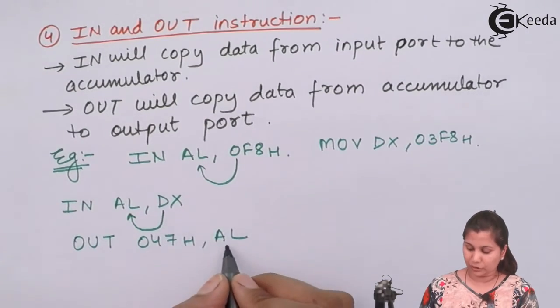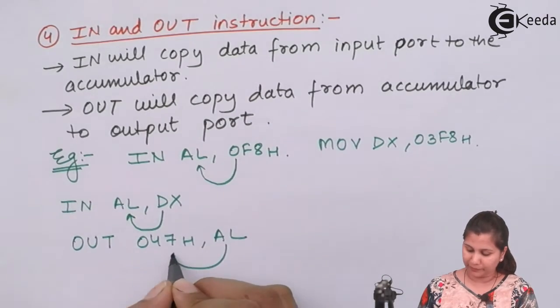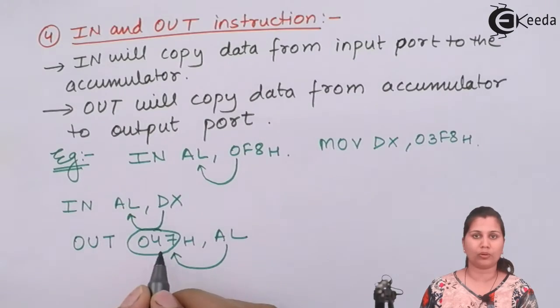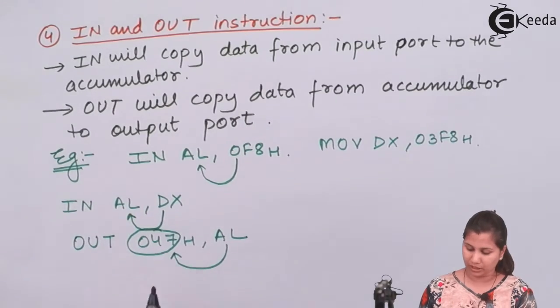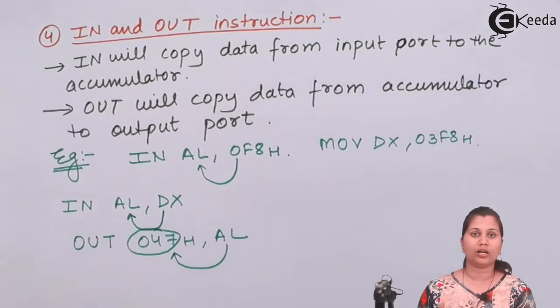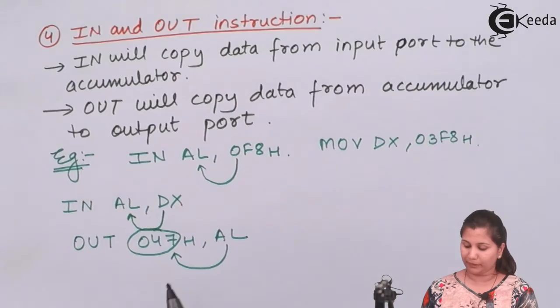So here the contents of the lower order accumulator register will be stored at an output port whose address is 047H. Okay. Again here also we can have an indirect addressing. First we are going to store the address in some register, and then that register will be used to copy onto the output port.